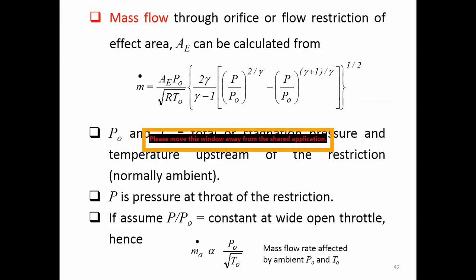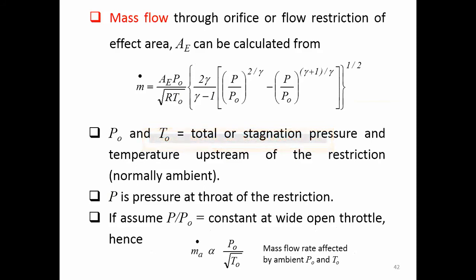Our mass flow rate always comes through the four restrictions of effective area, right? It comes from the nozzle, right? It comes from the discharge tube in the carburetor. It comes through the venturi.